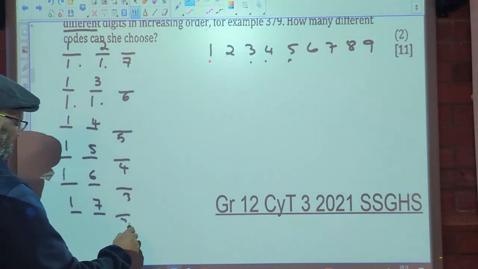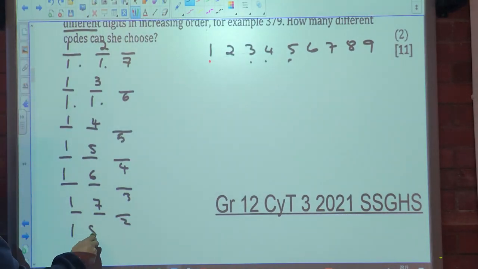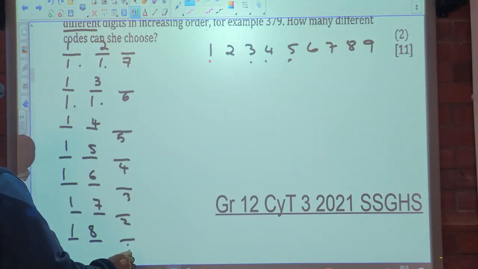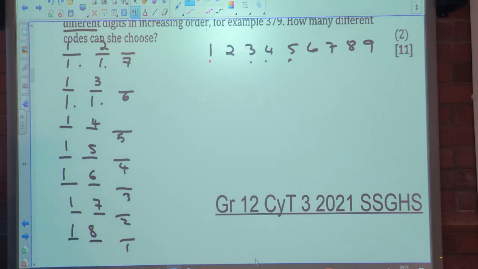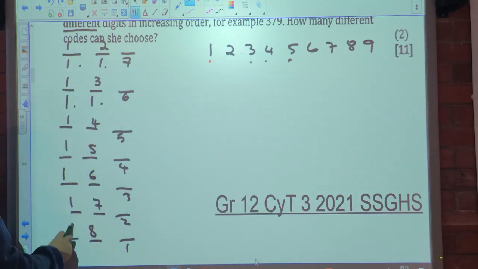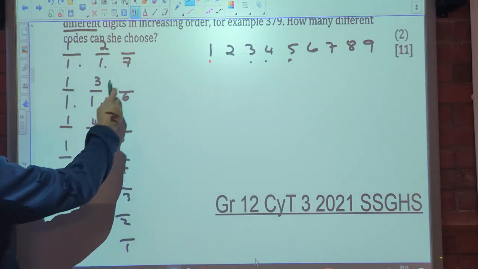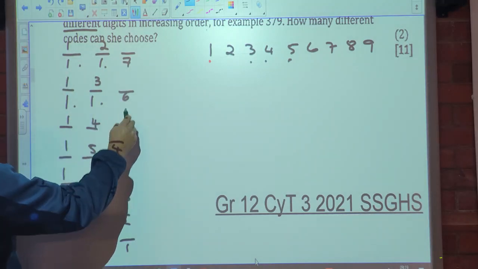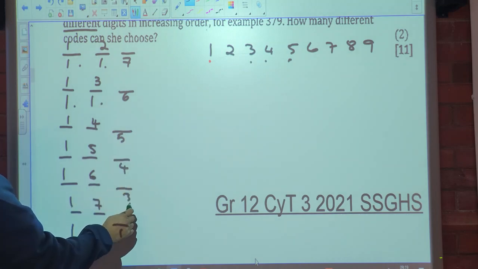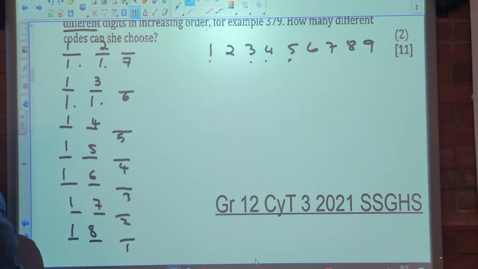If I go 1, 8, how many options would I have there? 1. Why? Because that's 1, 8, 9. So in other words, if a number starts with 1, then I have 7 options, then 6, then 5, then 4, then 3, then 2, then 1. You see that?